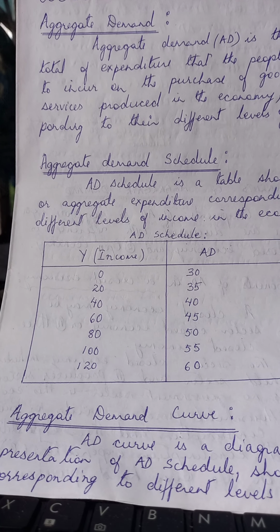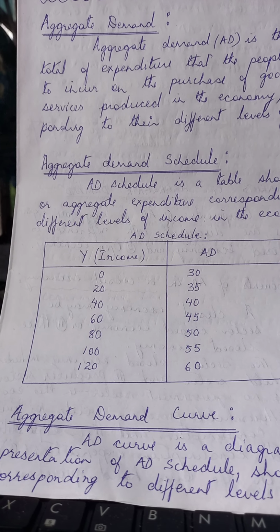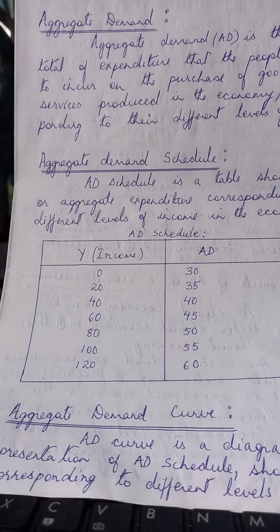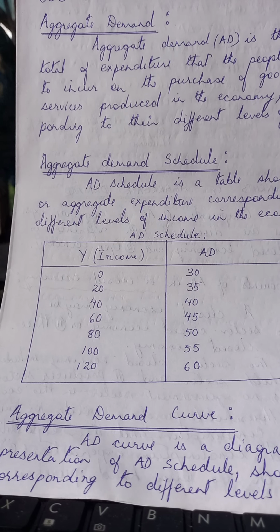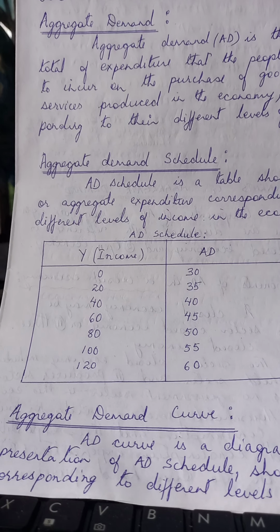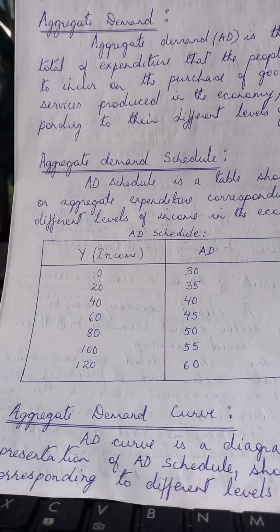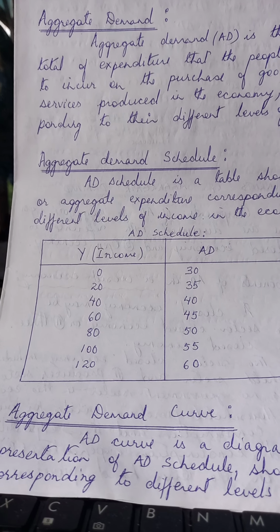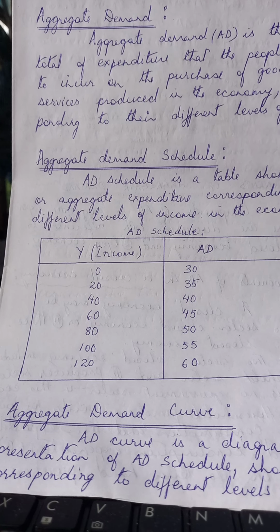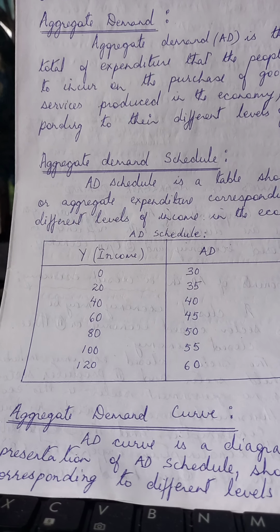So if you take all of your wants together, all of your desires together, for example, say you want a new mobile, a new pair of shoes, a new shirt, and so many more.